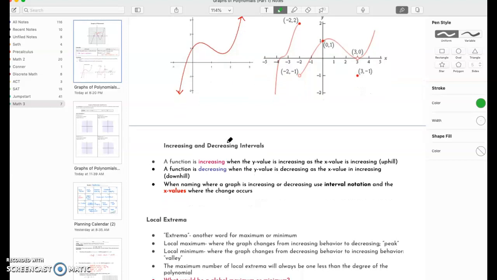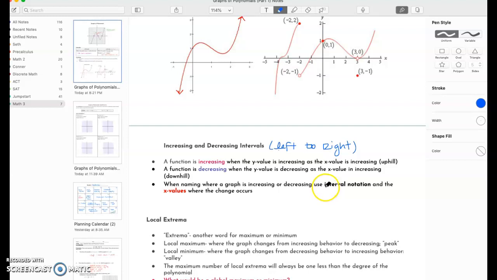The other thing that we need to be able to identify are increasing and decreasing intervals. A function is increasing if the y values are increasing as the x value is increasing. So what we want to think about for increasing intervals is that we're going to read this graph left to right because the x values are increasing as we move left to right across that graph.